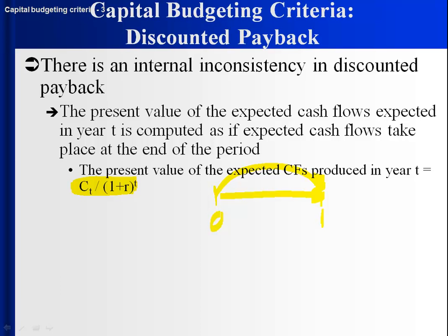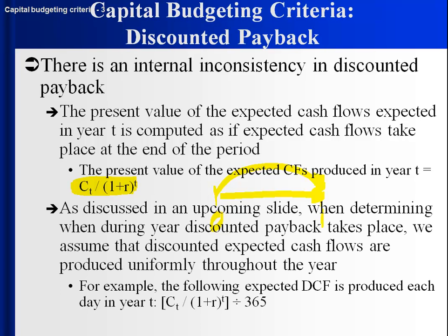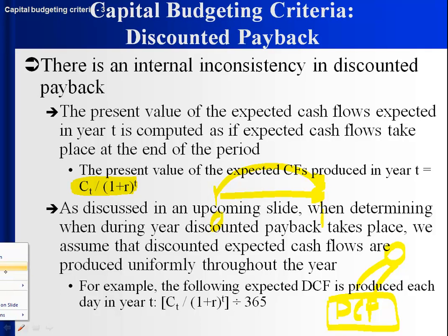Once we have the discounted cash flow, once we have that present value, that's what goes into our machine that gets spit out uniformly throughout the year. So, let's say you expect $300 in year 2, and suppose the discount rate's 10%. The discounted cash flow would be 300 divided by 1.1 squared.